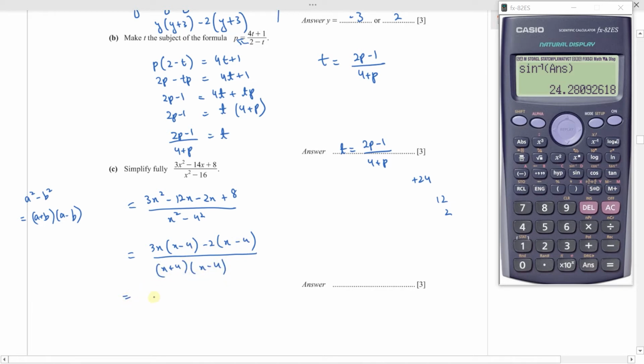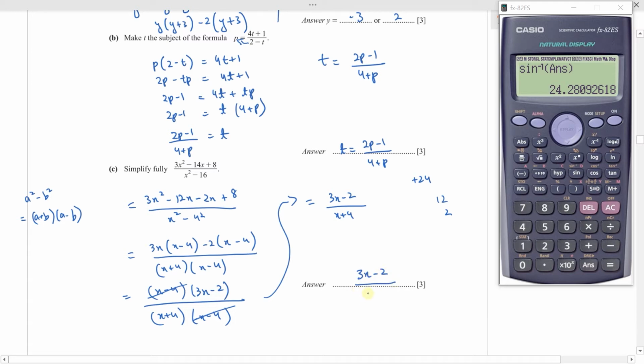And in the numerator, I can take x minus 4 common into 3x minus 2 over x plus 4 into x minus 4. This x minus 4 and this x minus 4 will cancel out. And then I'll be left with 3x minus 2 in the numerator and x plus 4 in the denominator. So 3x minus 2 over x plus 4.